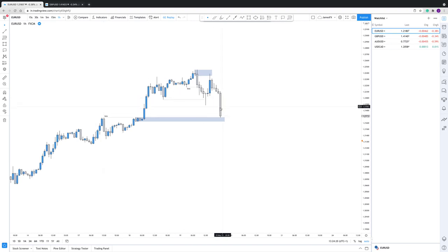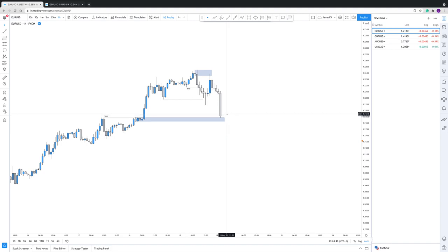Okay, so as price came in, we can note that we've seen some heavy momentum coming into this level. Price has taken out this low, rebalanced this move that was made previously, but price is impulsive.